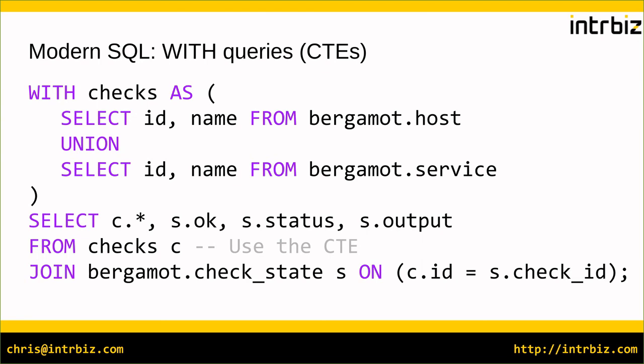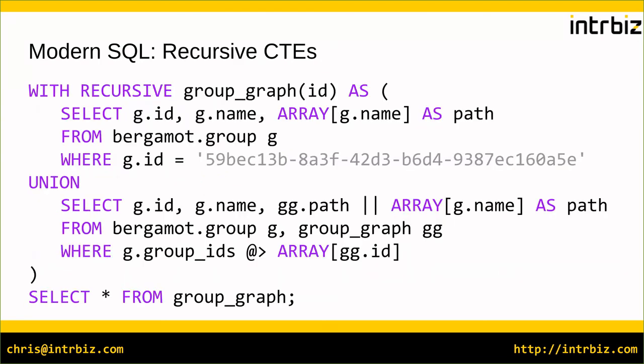But this then leads on to a very powerful form of common table expressions, which is called recursive common table expressions. This actually allows you to do graph processing in SQL inside your database, inside Postgres. In this particular example, I have a table of groups, where groups can have a parent relationship to another group.